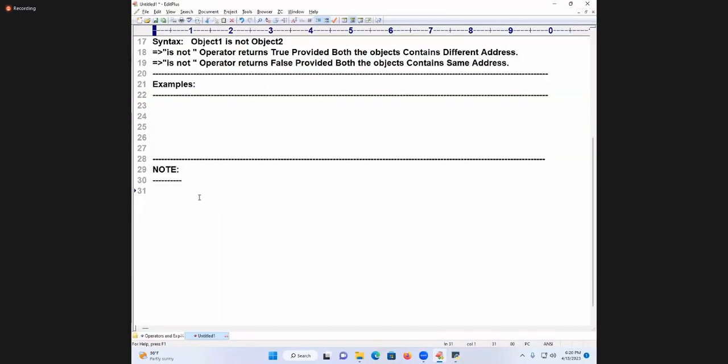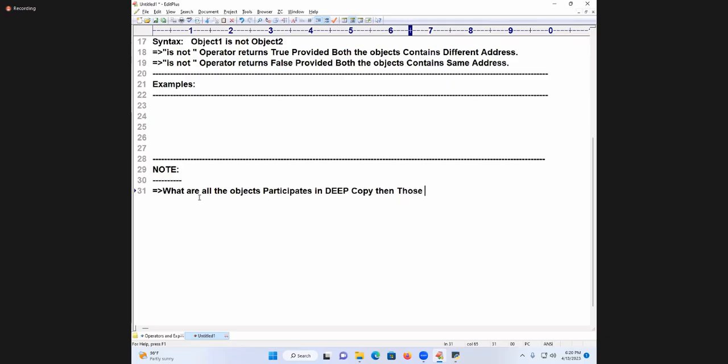So I am going to write it. Point number 1 I am writing. What are all the objects that participate in deep copy?